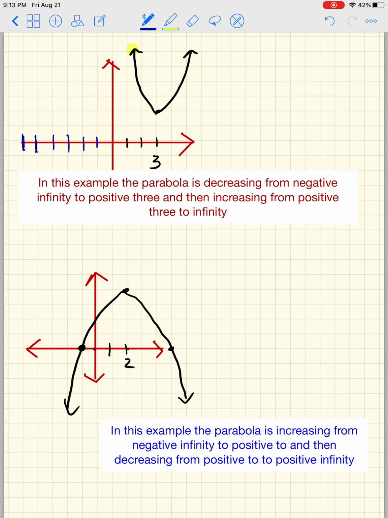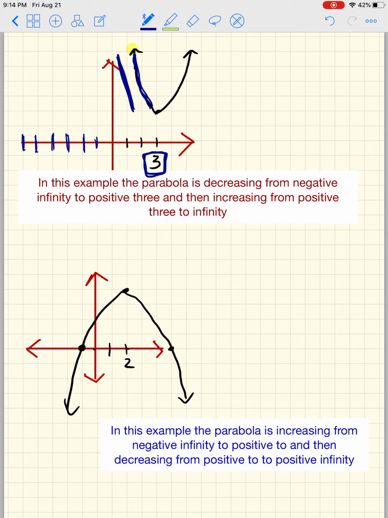So from all the way back here, this parabola is decreasing. You see how the slope is sort of negative? If I was just going to not make it curve, the slope is negative. This is a negative slope. So the parabola is decreasing from negative infinity to x equals 3, right?